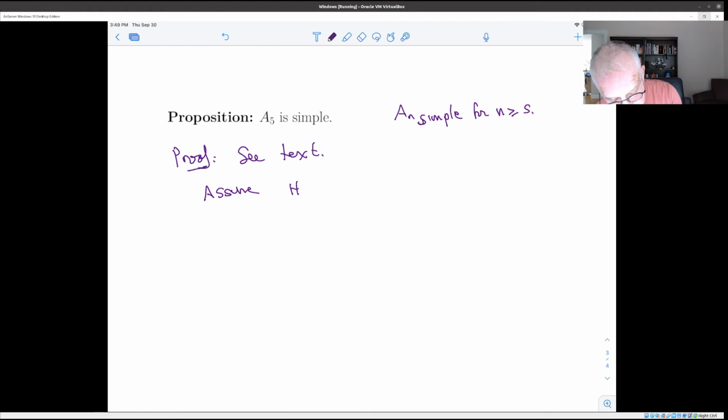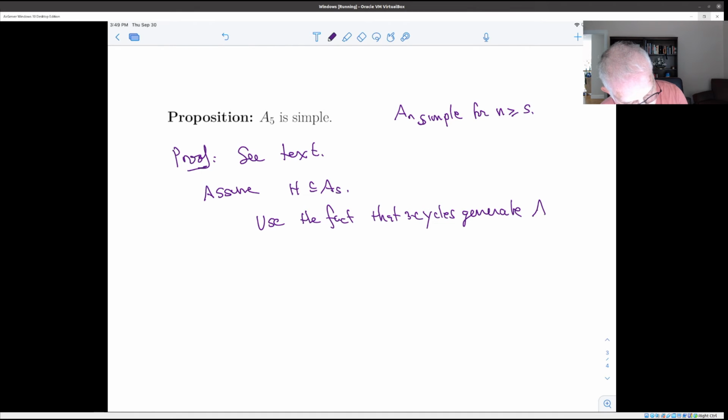that H is a normal subgroup of A5, and then you show that H has to contain 3-cycles and that the 3-cycles generate A5. So you basically use the fact that 3-cycles generate A5, and you force the 3-cycles into H using conjugation.